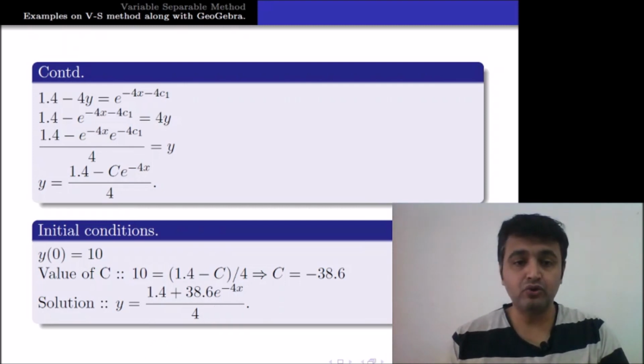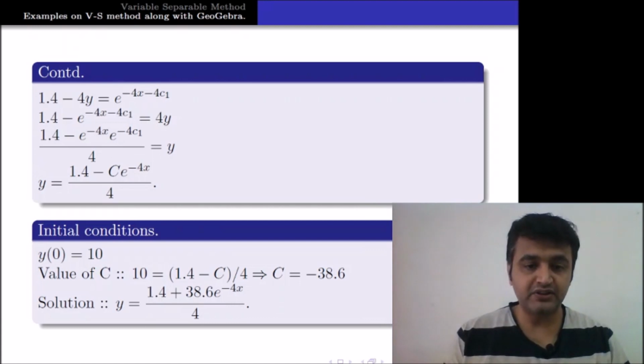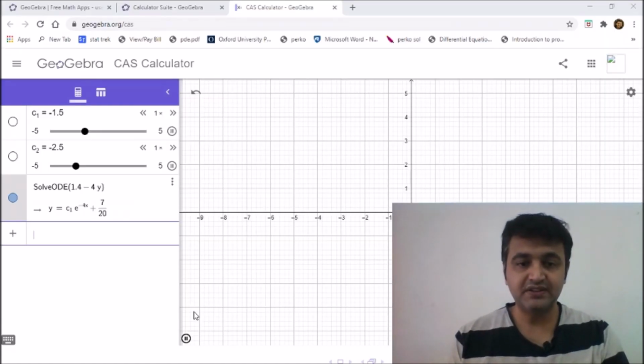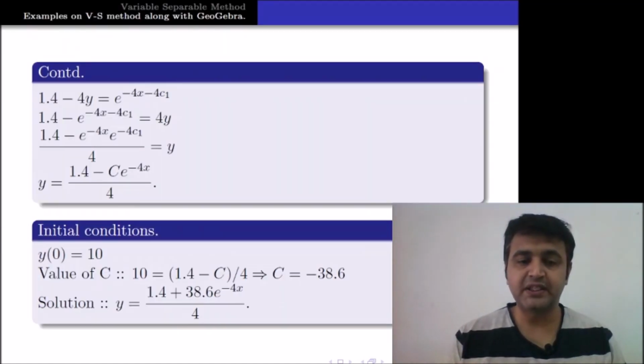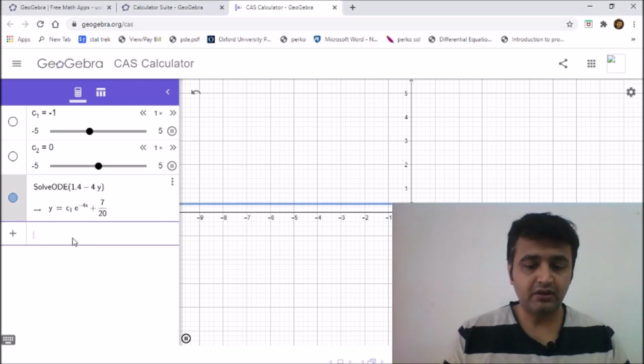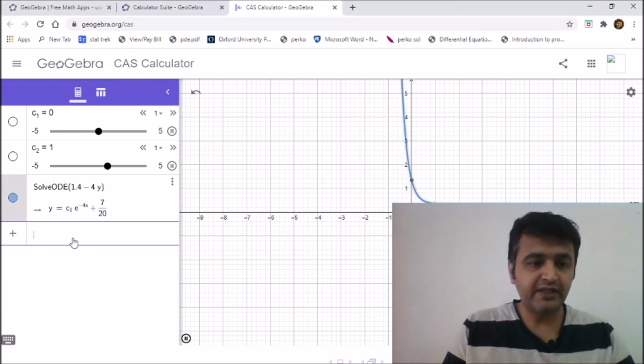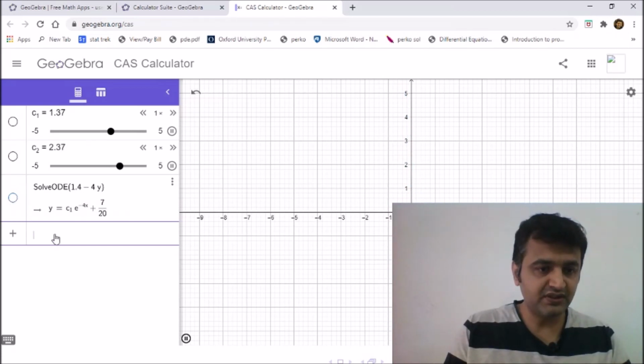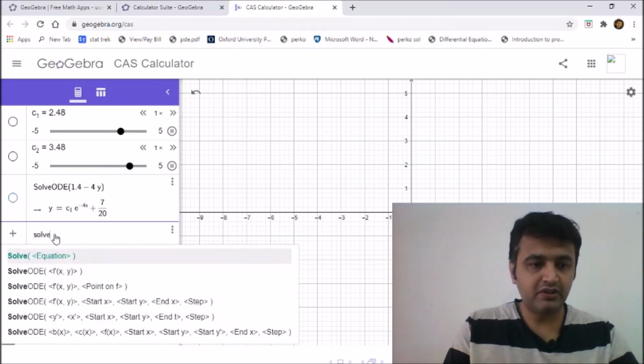And if you want to see this on GeoGebra, then either you can explicitly mention that curve, which is nothing but 1.4 plus 38.6 into e raised to minus 4x, upon 4. Either you explicitly mention this, or you go to GeoGebra and you simply type over here, Solve ODE.